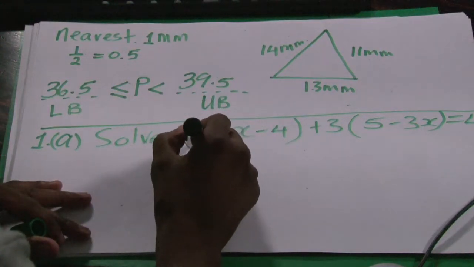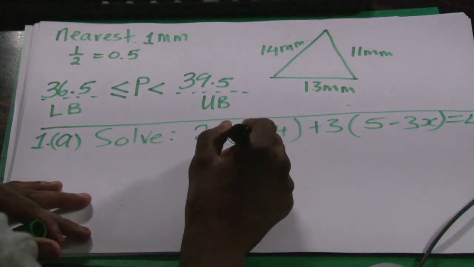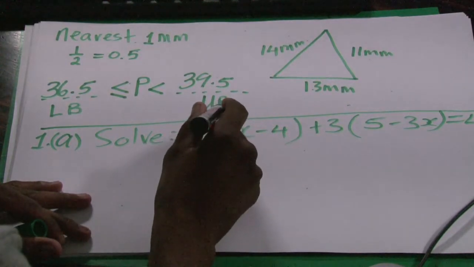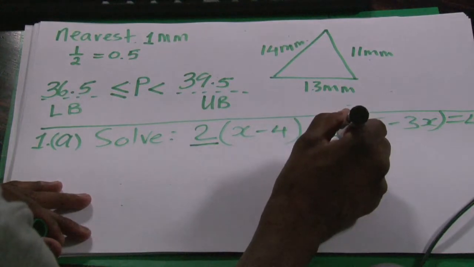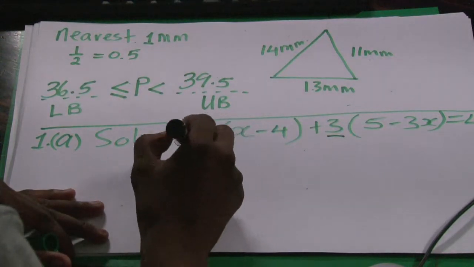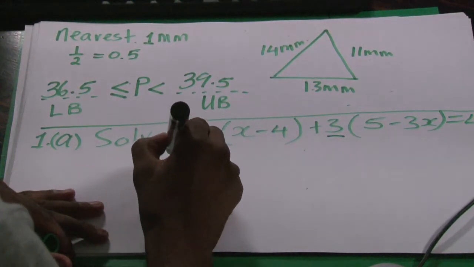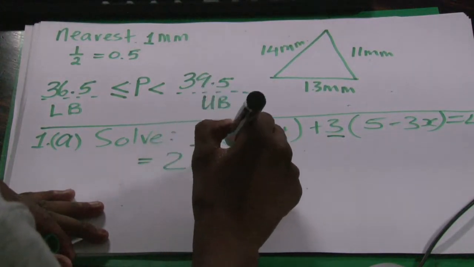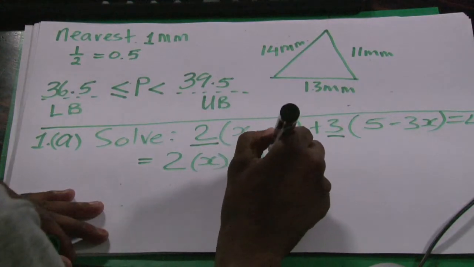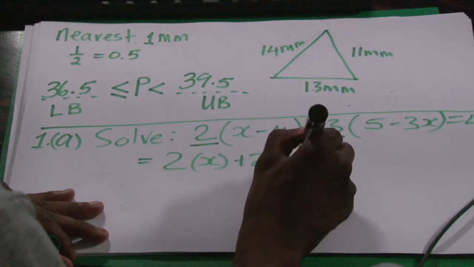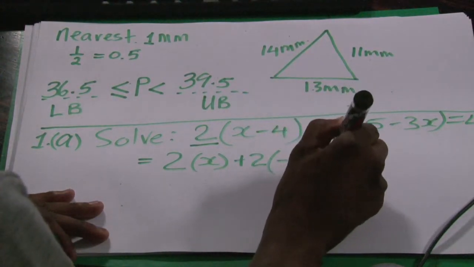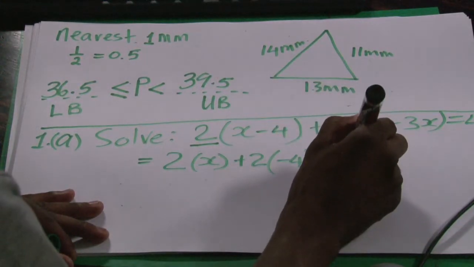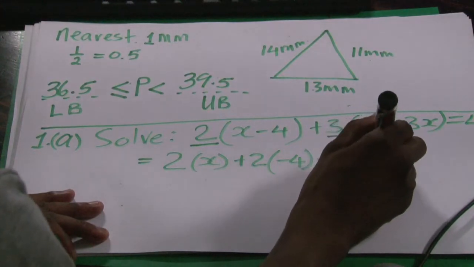You multiply everything inside the brackets by the common factor. The number outside next to the bracket is called the common factor. So here, for example, you will have 2 multiplied by x. Remember, 2 is positive, plus 2 multiplied by negative 4, plus 3 multiplied by 5.